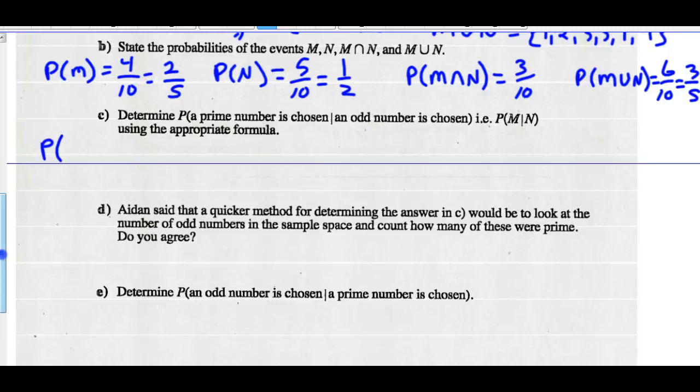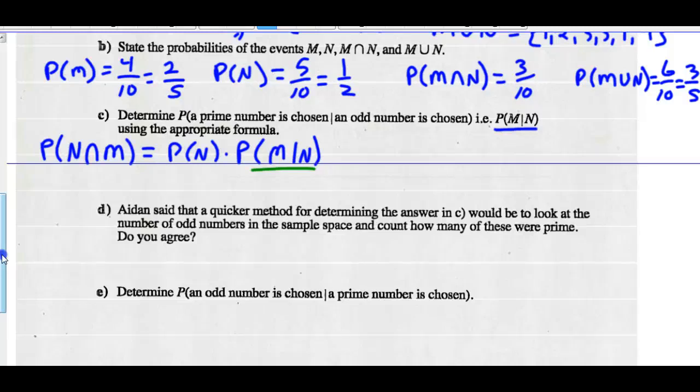We'll just write it in terms of M and N now, but the probability of N intersected with M, and this is for dependent events, is the probability of N times the probability that N has occurred, and we get M. So probability of M given N has occurred. So that's using appropriate formulas, and we want to find M given N has occurred, which is right there.